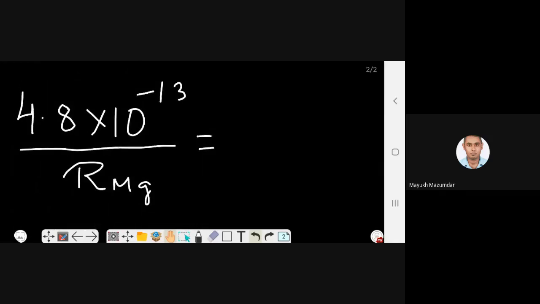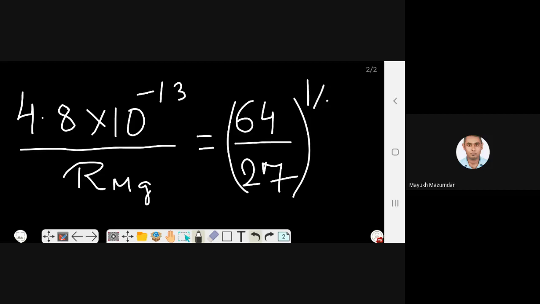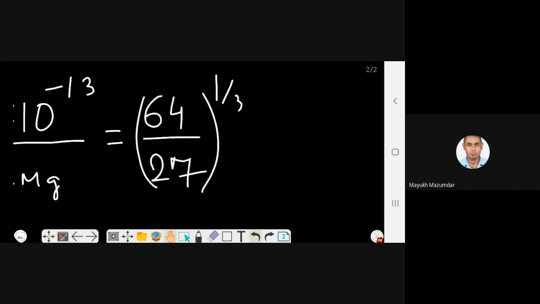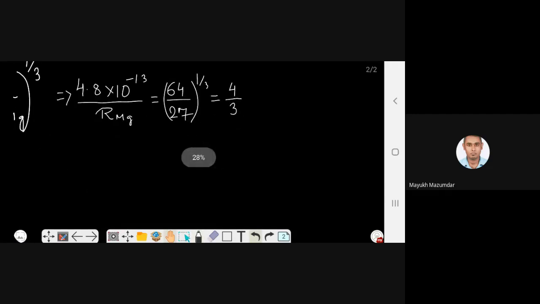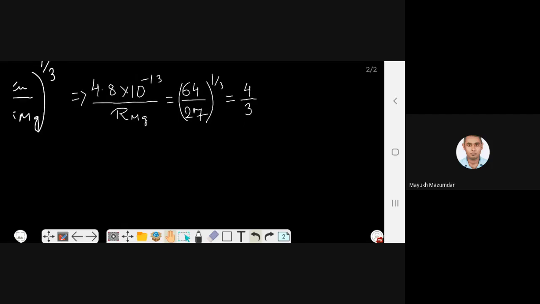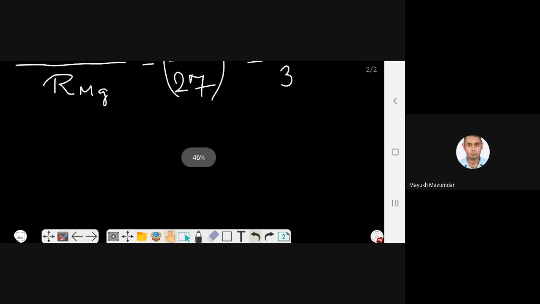So 64 is for copper and 27 is for magnesium, to the power 1/3. That is, you have to take the cube root. I think you know this: 4 cube is 64, 3 cube is 27. So basically, from here we can see that magnesium's radius is 3/4 of that of copper.